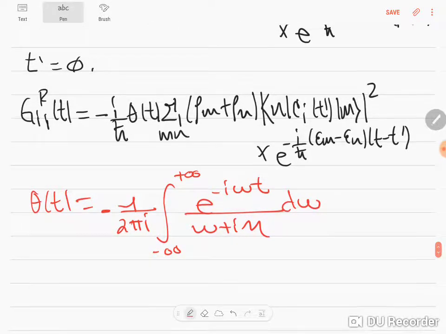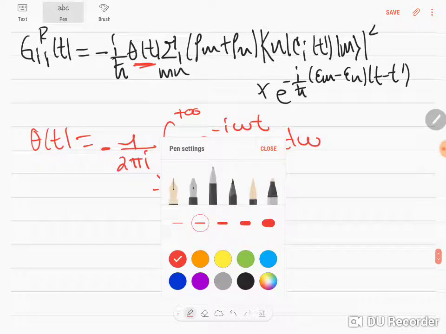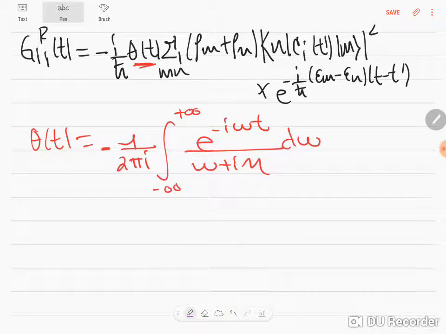Okay, so what happens if I replace that here? How does the Green's function now look, in purple? Let's change again.